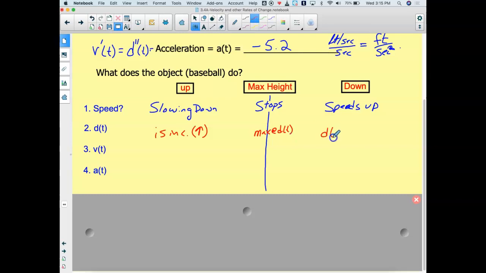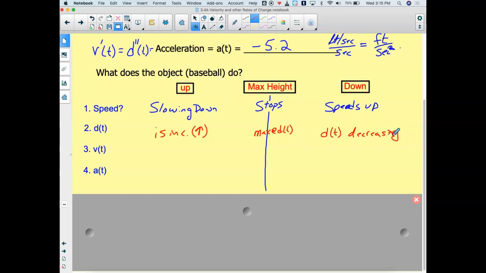D of t decreases on the way down. So on the way up, my position function is increasing; on the way down, it's decreasing.